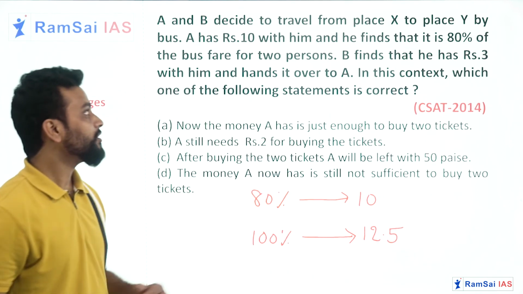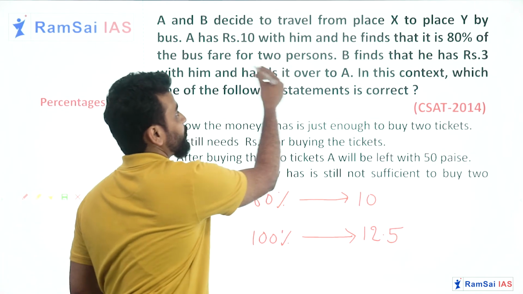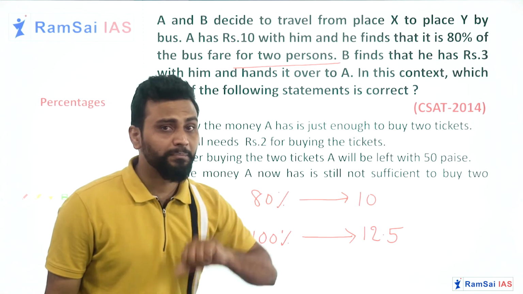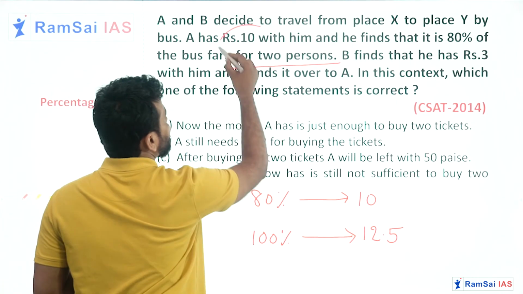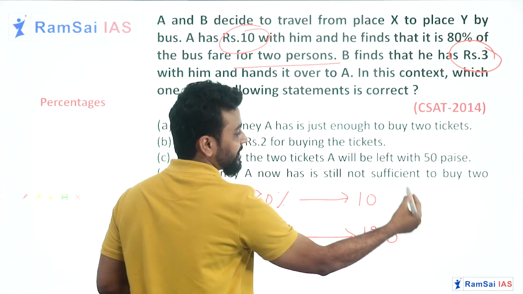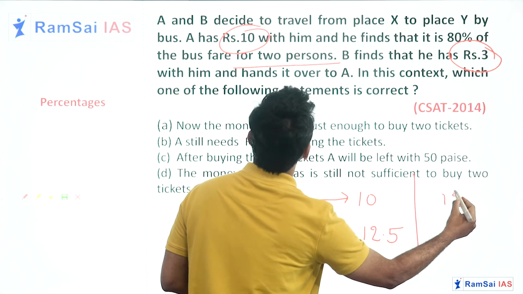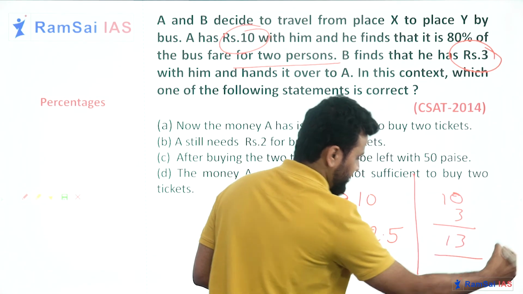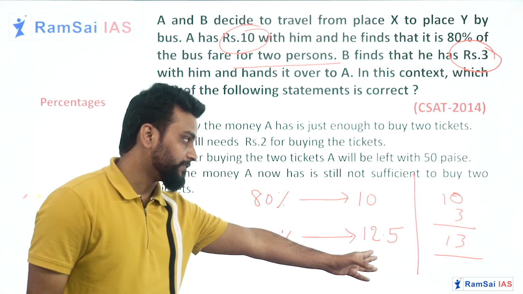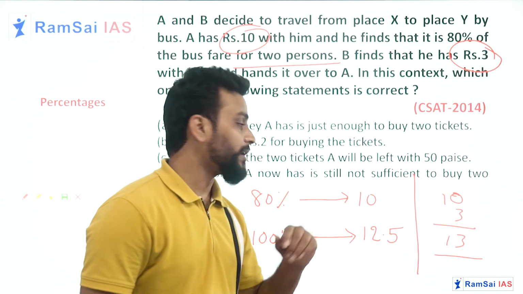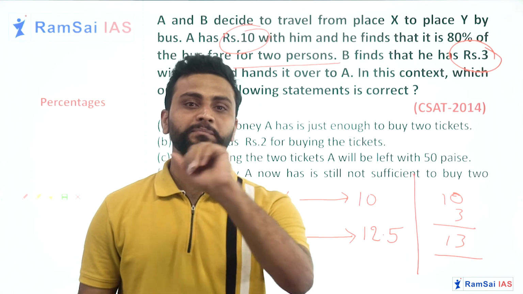Yes. Now for the two people, the bus fare is 12.5 rupees. Now A contributed 10 rupees and B contributed 3 rupees. Together they have 10 plus 3, 13 rupees. And what is the bus fare for the two people? 12.5 rupees only. Now how much are they left with? 13 minus 12.5, they are left with 50 paisa more.